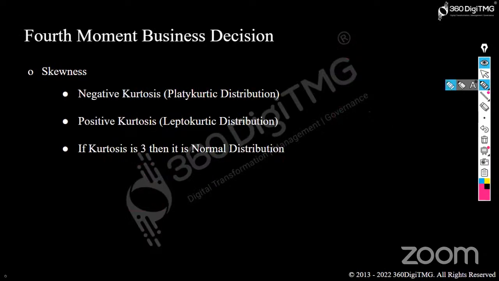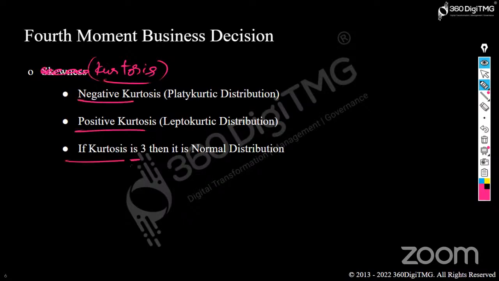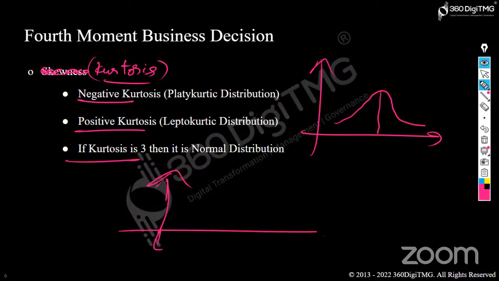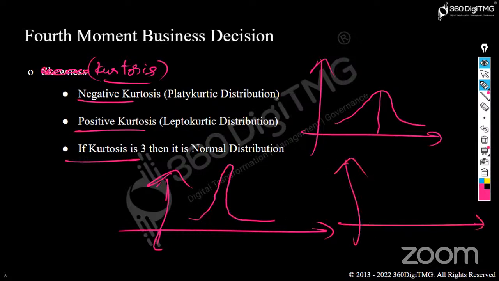After skewness, you also have kurtosis, which is negative kurtosis and positive kurtosis. When I say the normal distribution curve is like this, sometimes you also have a curve like this.